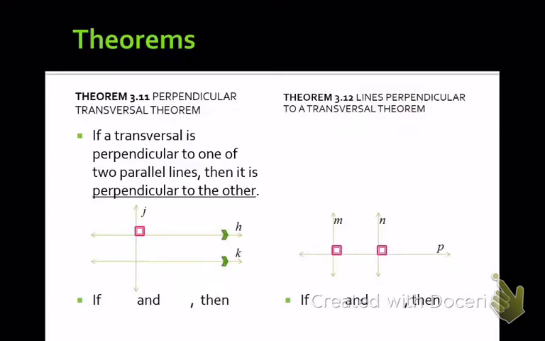We've got two parallel lines, H and K. This theorem says that if we know that J is perpendicular to H, that's what we're being given right here, and that H is parallel to K, that's what was given to us right here, then we can automatically conclude that J is perpendicular to K.